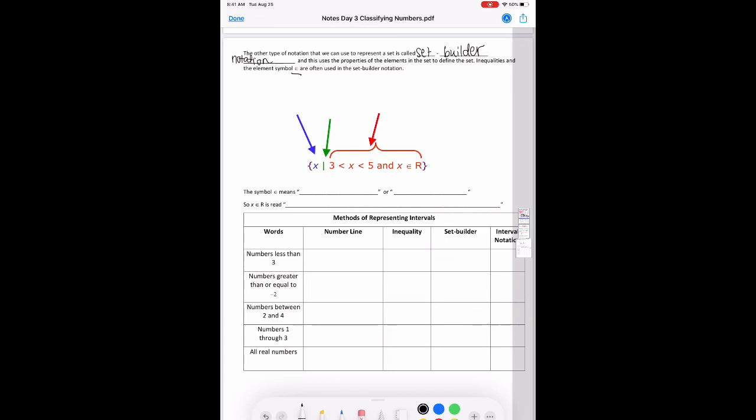So this is an example of what you might see for set builder. And so how we read this is the set of all x values. We say x values since there's a blue x written there. Then that line means such that.